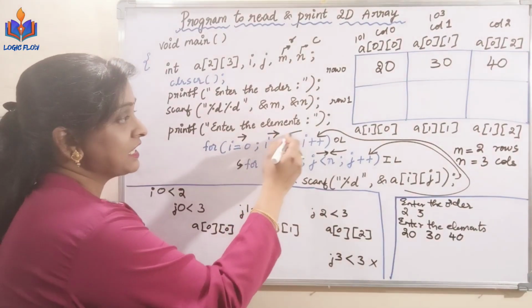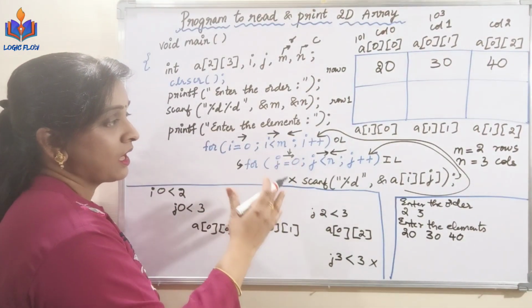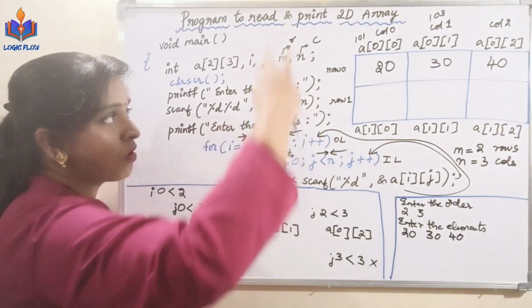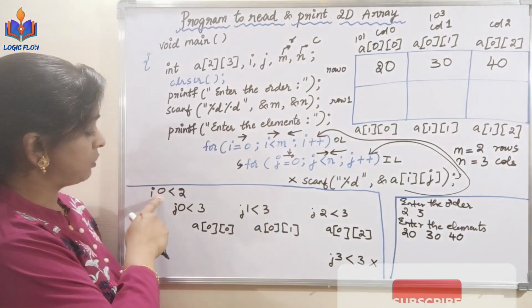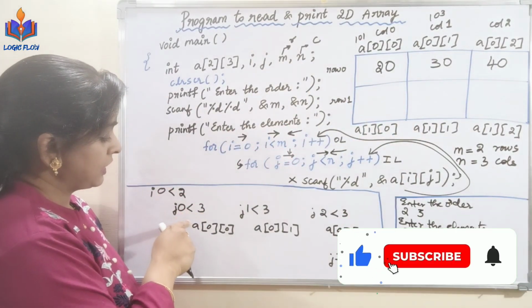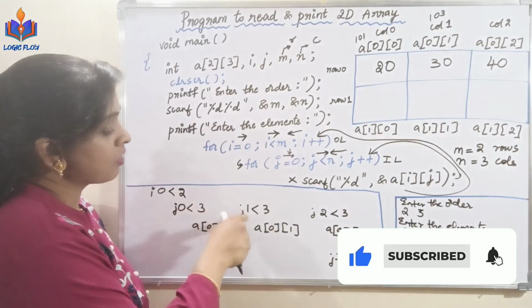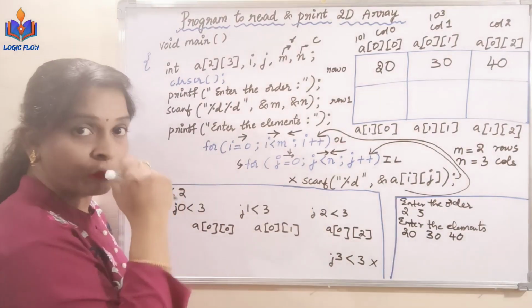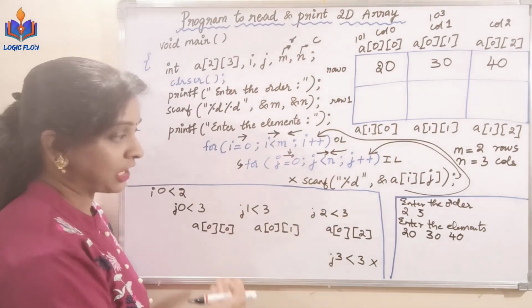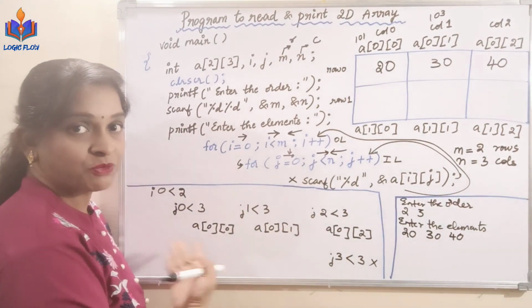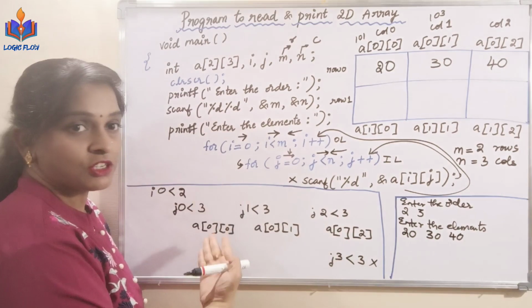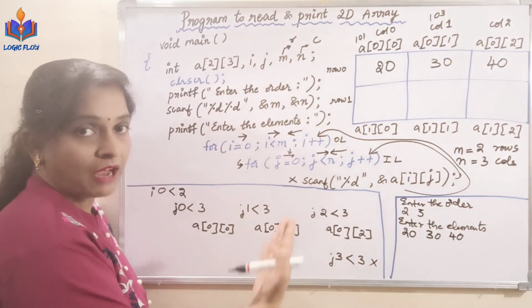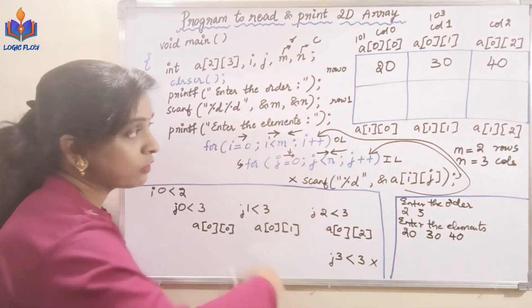I have finished the first row, all 3 columns. See, row 0: column 0, column 1, column 2, just like how we do with a 1D array, 0, 1, 2. But it is with the first row. Now first row, all 3 columns done. I have to go to the next row, so I'll go to the outer loop.